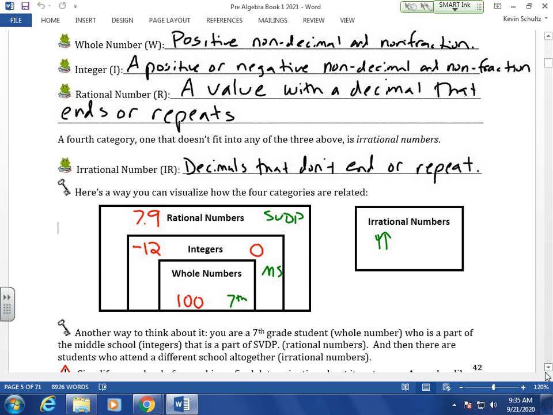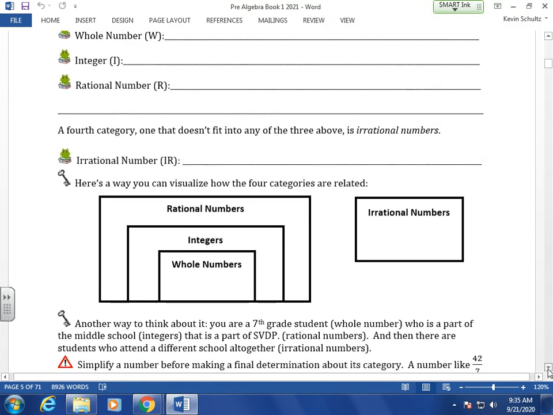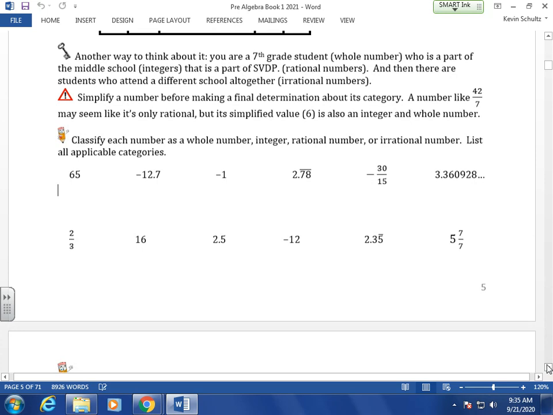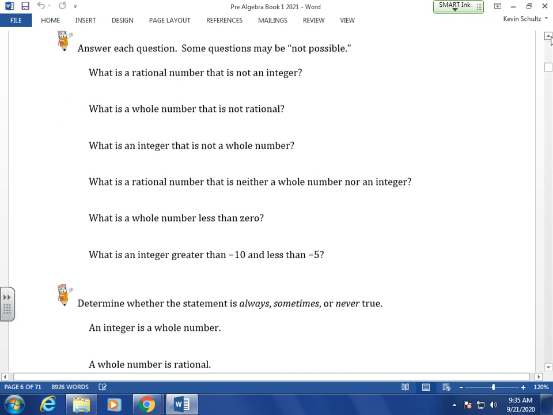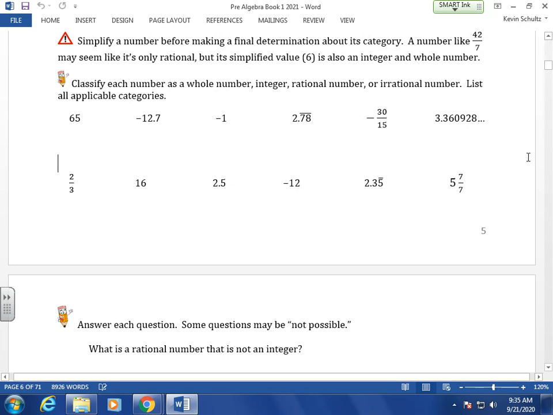Let's scroll down the page and get some questions here. It says classify each number as a whole number, integer, rational number, or irrational number. List all applicable categories. So a number like 65. What categories is 65 a part of? Is 65 whole?